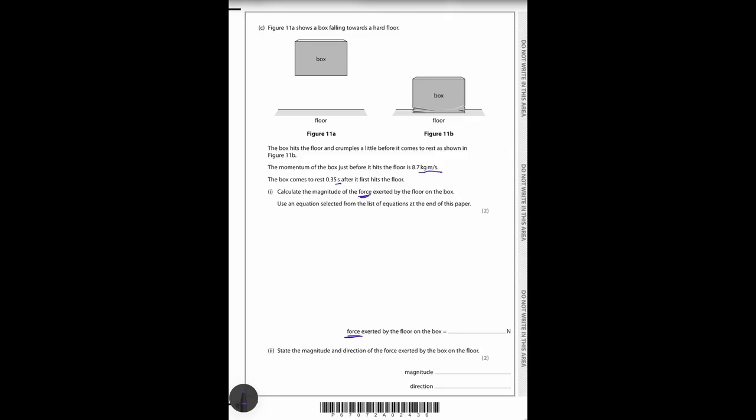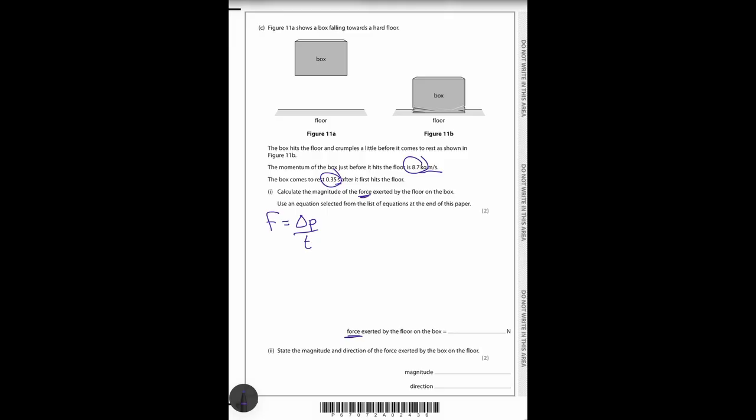What have I got? I've got a momentum and I've got a time. So is there a formula that's got force and momentum and time in there? Yeah, there is. I know it's force equals change in momentum divided by time. Whenever I see something that's a change in, I always know it's final minus initial. They're saying before it hits the floor it's 8.7, so I know that's its initial momentum.